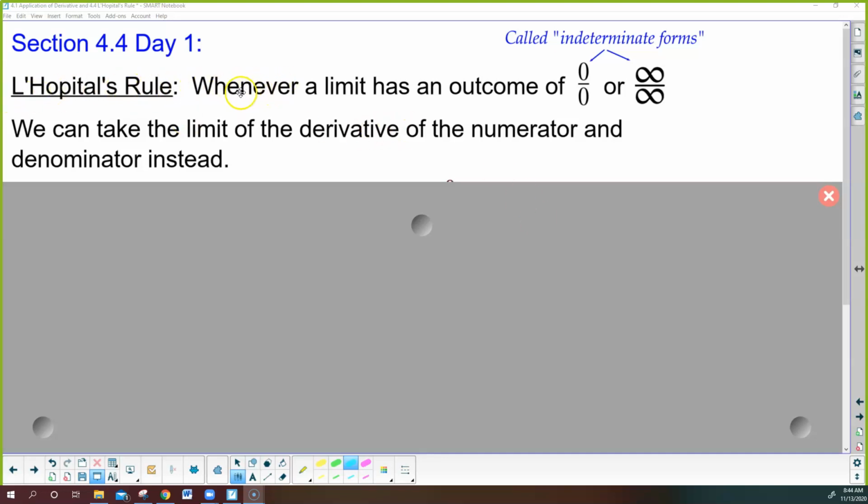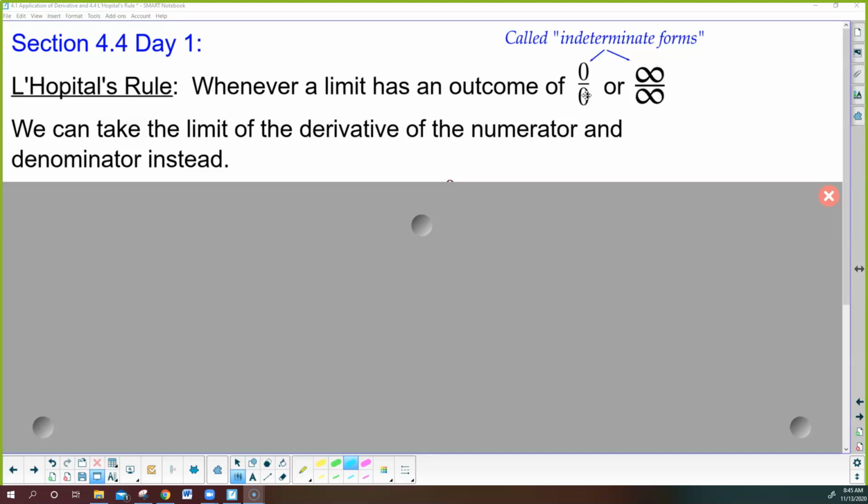L'Hopital's Rule just states whenever you see an outcome of 0 over 0 or infinity over infinity, and notice this could be positive or negative, these are called indeterminate forms. And what that means is we don't know if the numerator is going to go to 0 first or the denominator, which means we just cannot determine the solution right now.